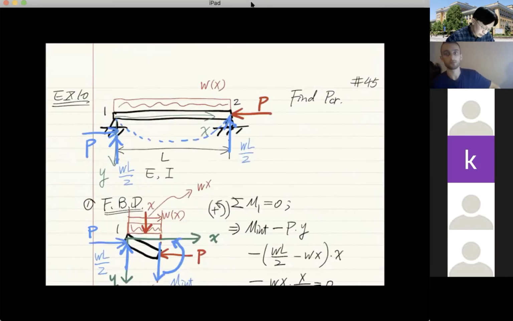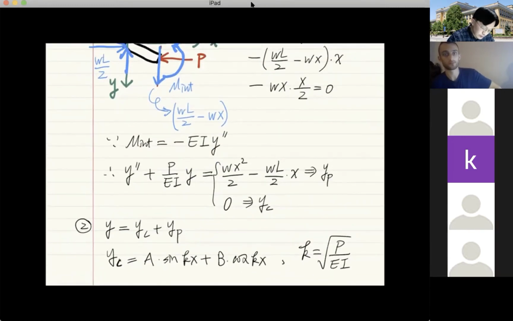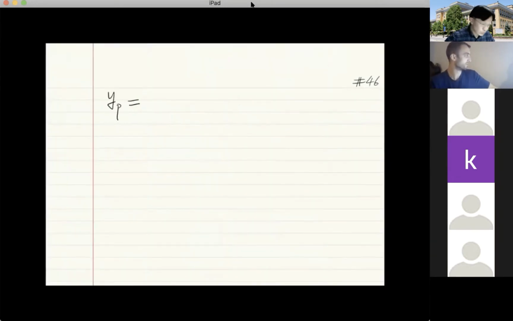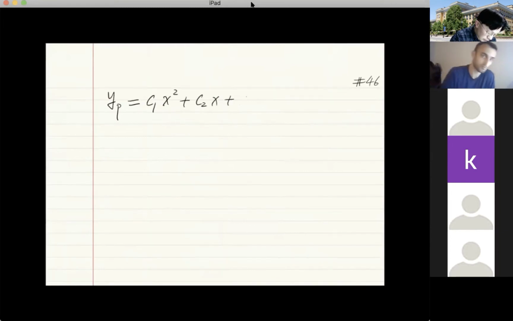If you look at the polynomials, we have the second order and the first order, but we don't have the zeroth order. But in the general form of your particular solution, you should consider a continuous series, from second order to first order to zeroth order. That means the particular solution is C1 times x squared plus C2 times x plus C3.